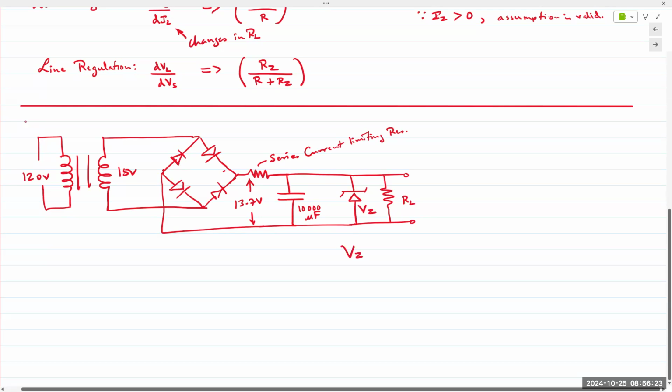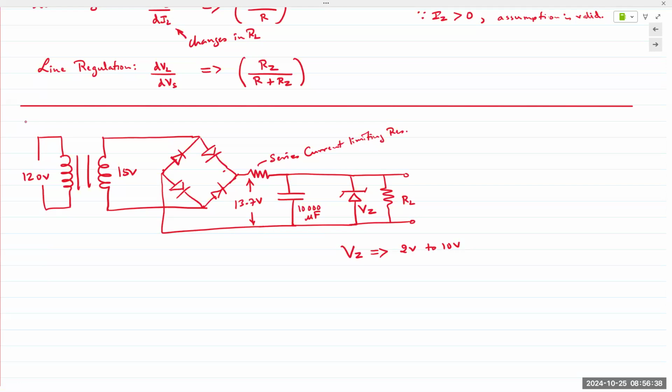VZ could range from, let's say, anywhere from 2 volts to, let's say, 10 volts. This is without considering any other factor, to ensure that the diode would turn on. All right, questions?